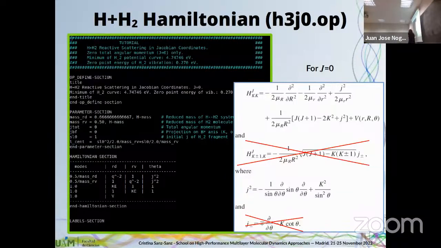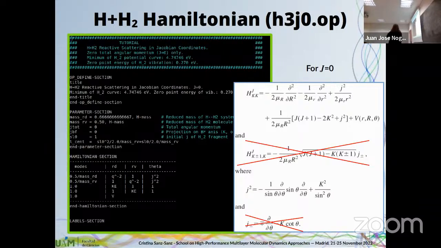So then what we have is 1/2 mass of the reaction coordinate multiplied by dq squared, that means the second derivative of this coordinate. So that will be like the kinetic term for this. Okay? So that is like the value that I called D, they called it D, multiplied by the second derivative of RD.